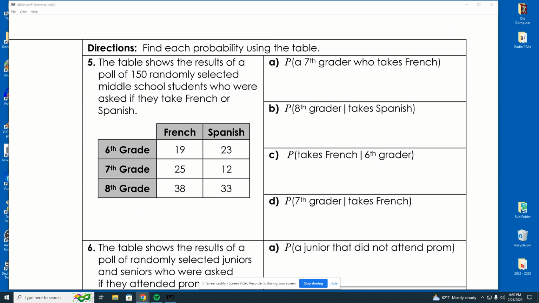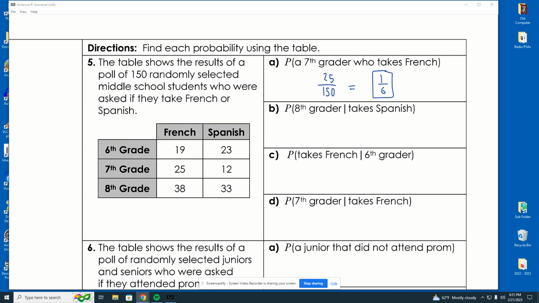So we're not narrowing down our category here. This is out of 150. Now, out of that 150, how many are 7th graders who take French? 25. So it's 25 out of 150. Sorry, it came out weird. 25 out of 150 reduces to 1 out of 6.